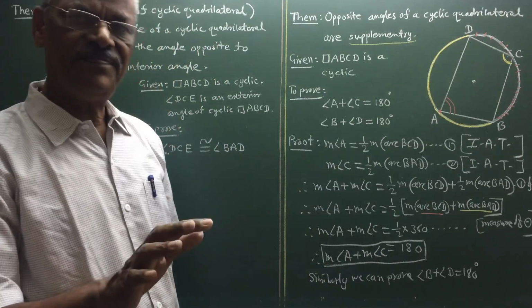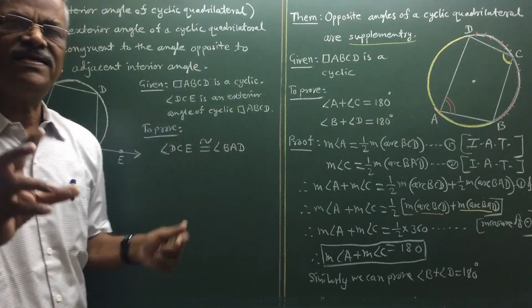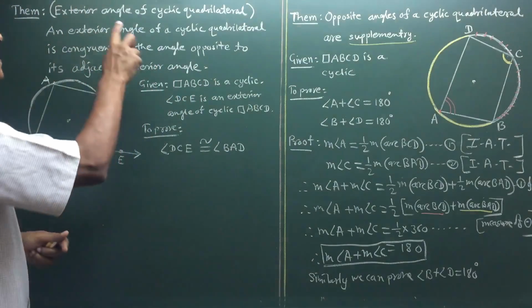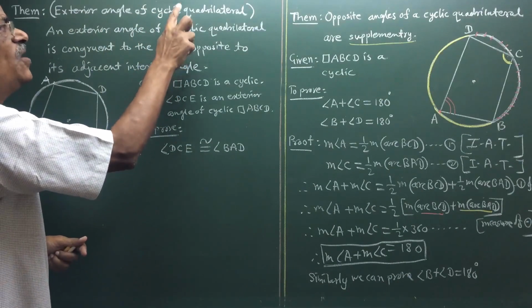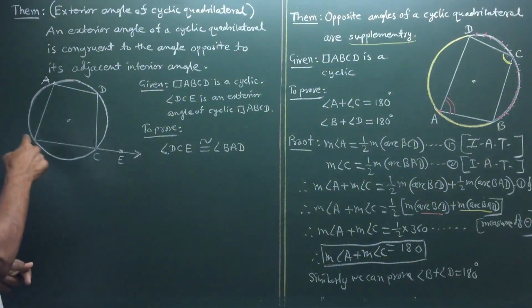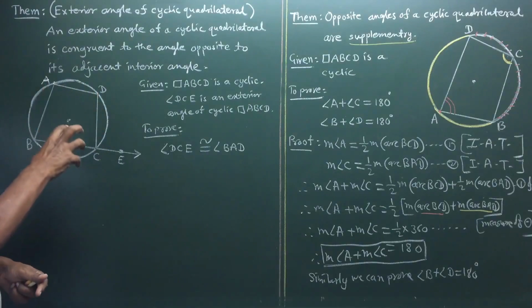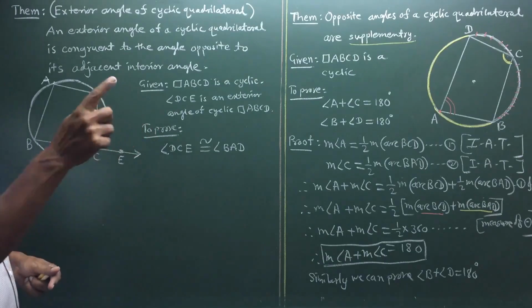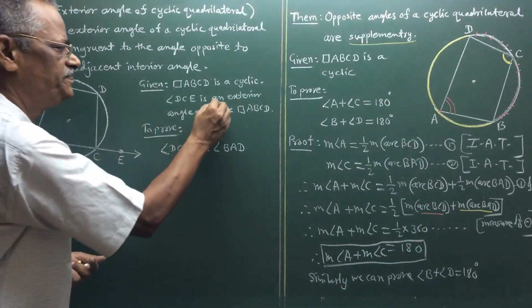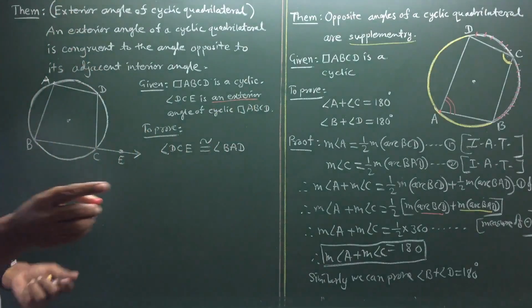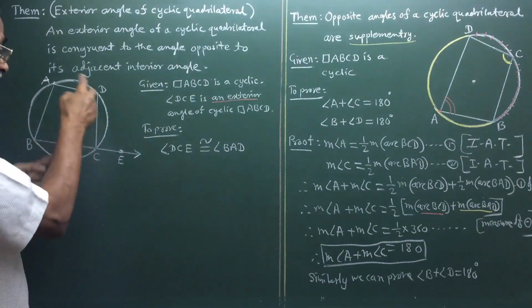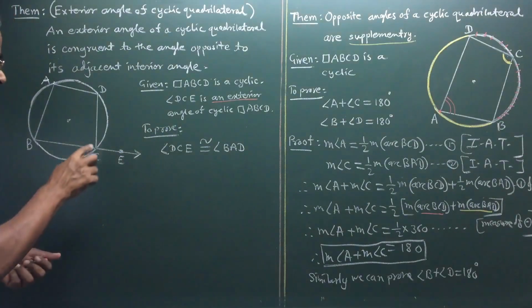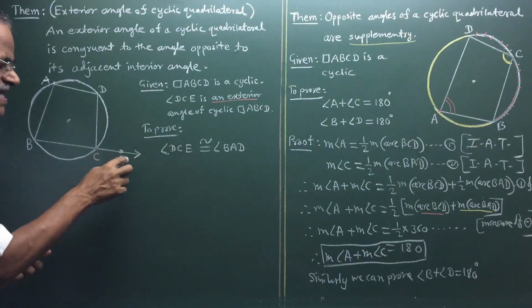Now about the same quadrilateral, let us say another one about exterior angle. So it is exterior angle of cyclic quadrilateral. A, B, C, D, it is cyclic quadrilateral given. DCE is an exterior angle of the quadrilateral. So we have to find out the measure of this angle DCE.